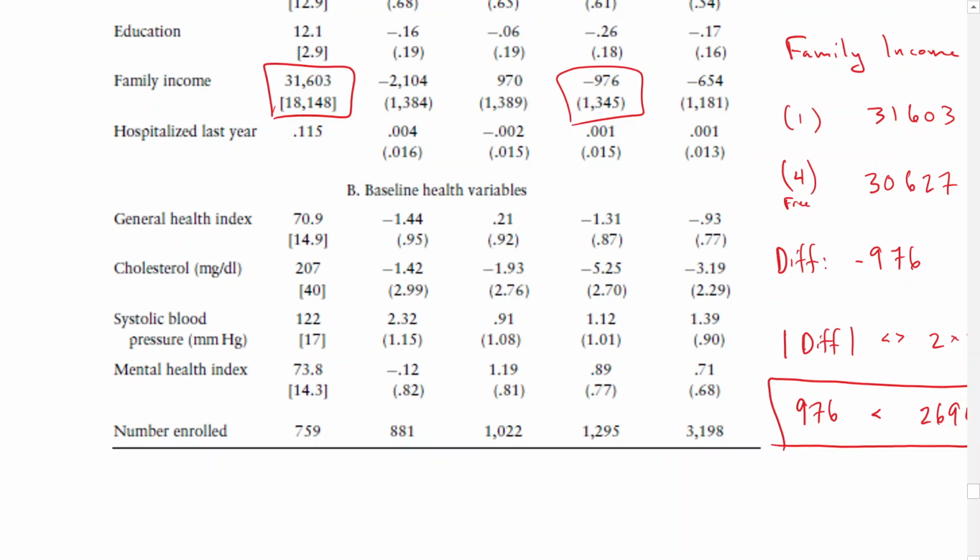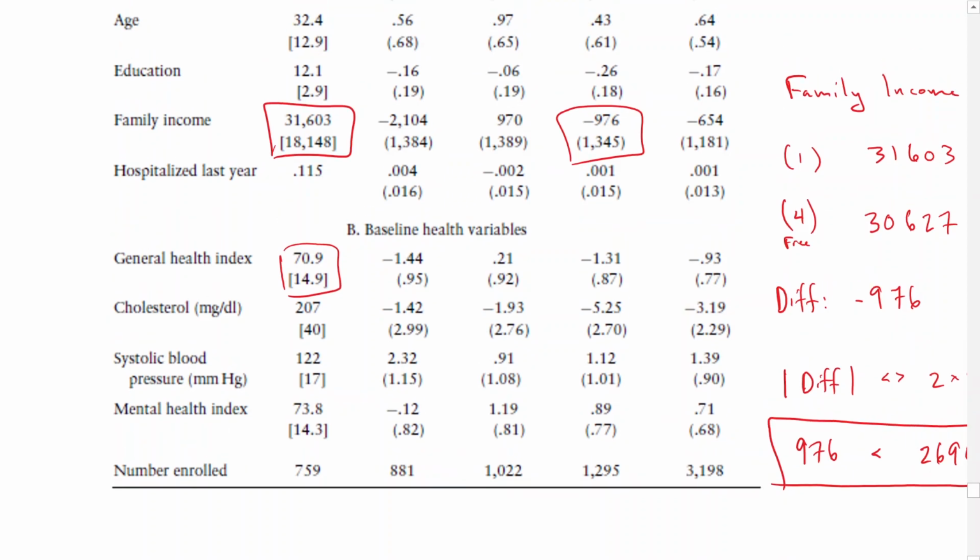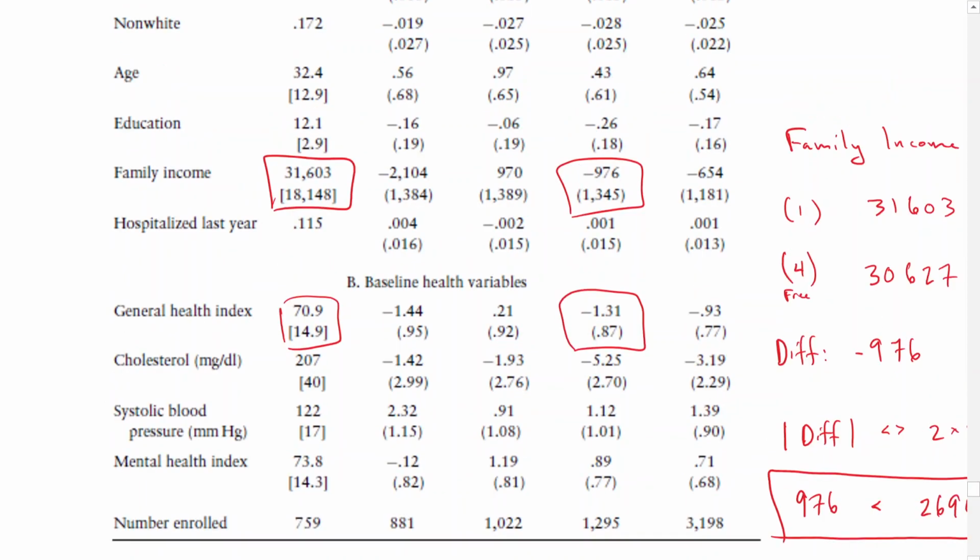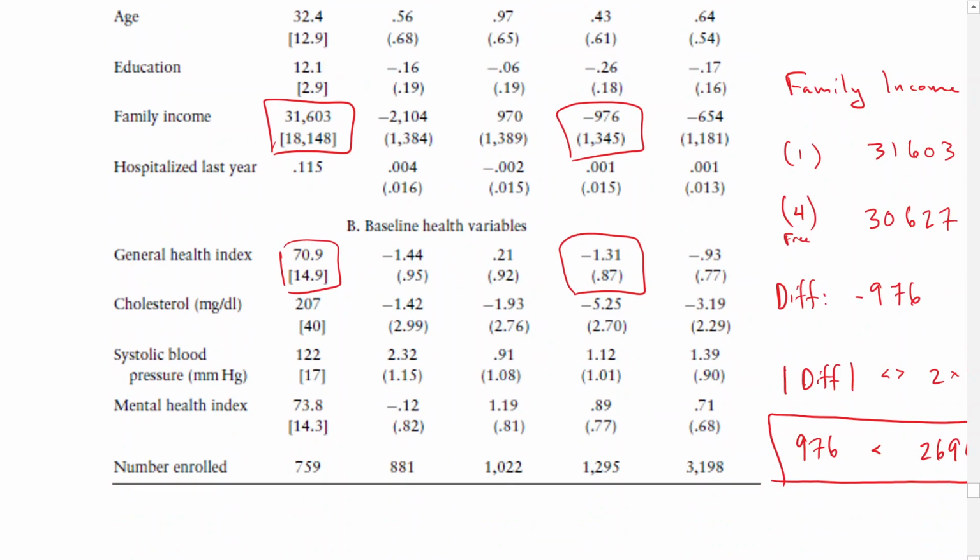Take the general health index, for example, 70, and the difference here from the free group is 1.3, but 2 times 0.87, which is 2 times the standard error, is 1.74.